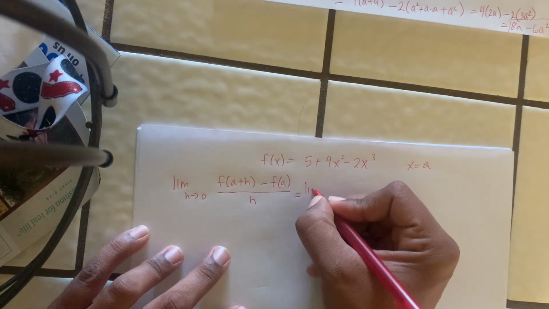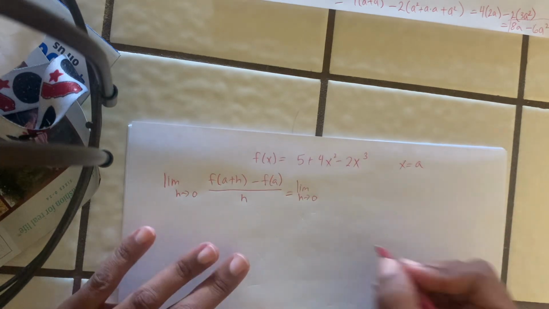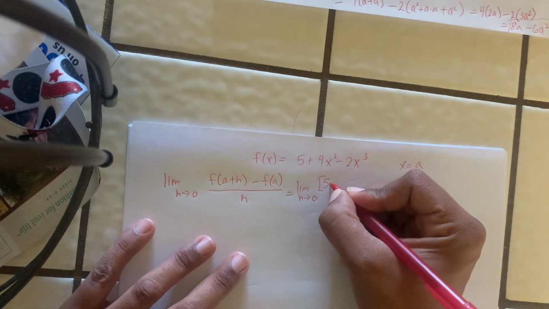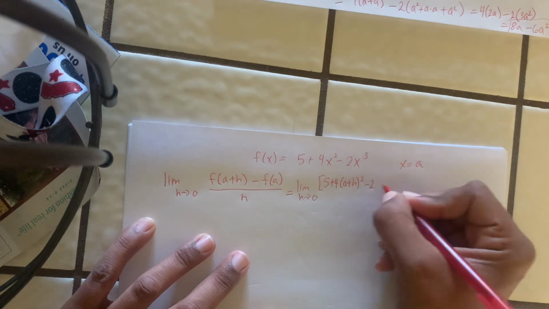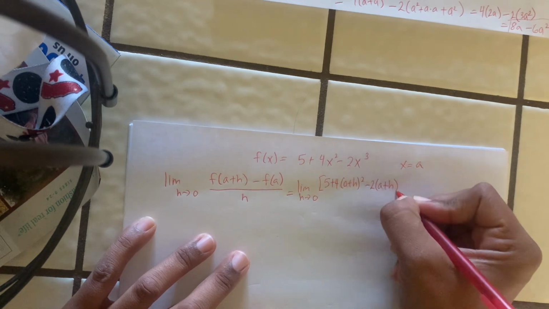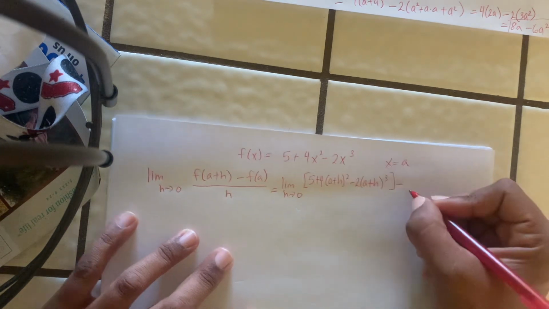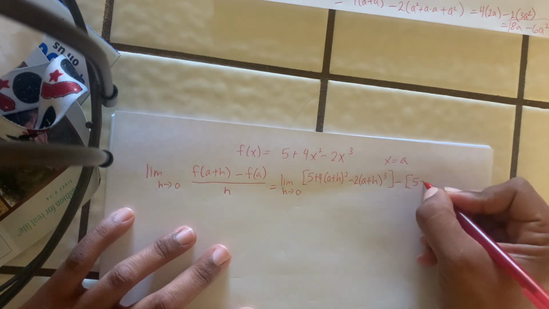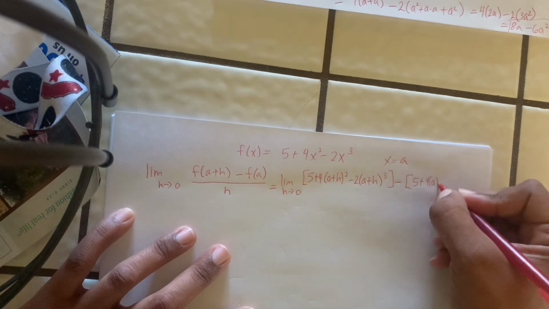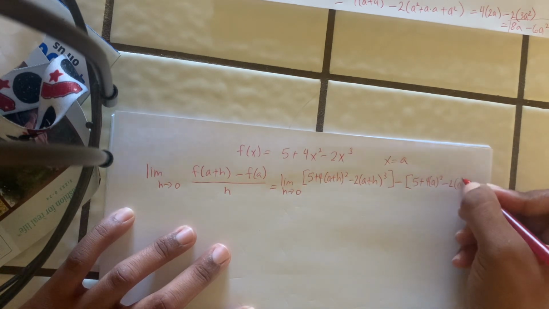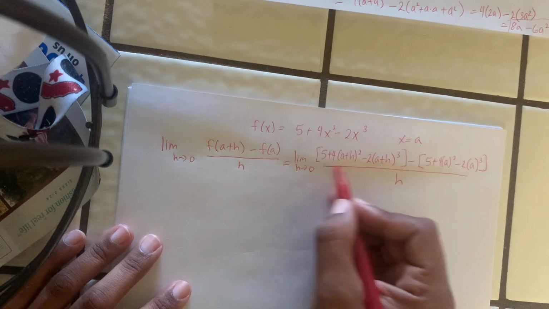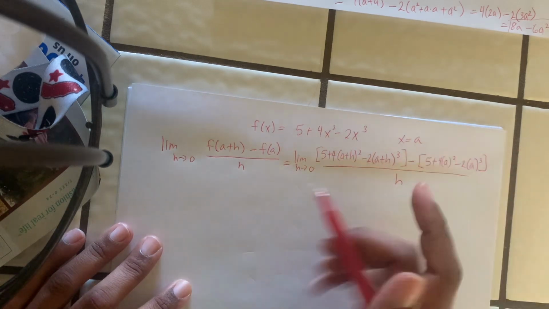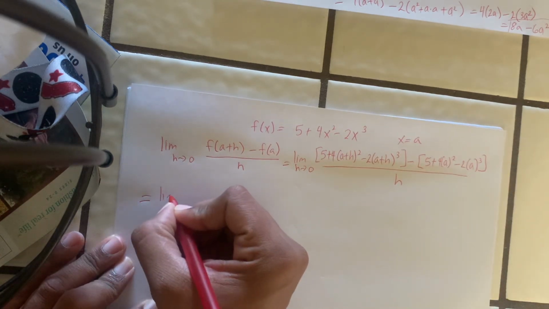This becomes the limit as h approaches 0 of 5 plus 4 times a plus h squared minus 2 times a plus h cubed minus 5 plus 4 times a squared minus 2 times a cubed over h. Now, the somewhat obnoxious piece of this is we're going to have to expand all of these.